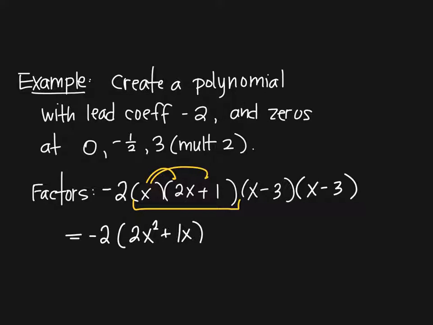Then I would do the x minus 3 FOIL second. That's going to give me x squared minus 3x minus 3x plus 9.